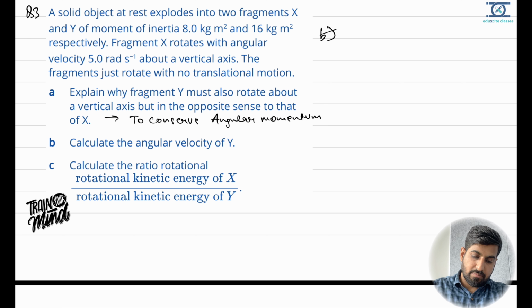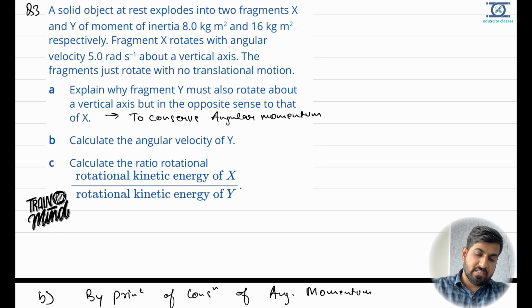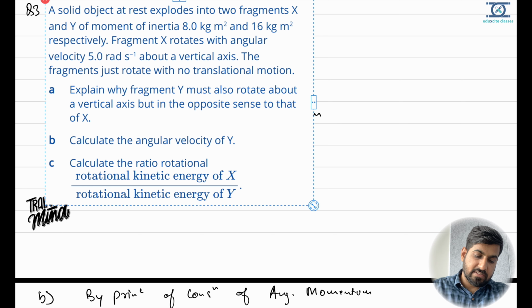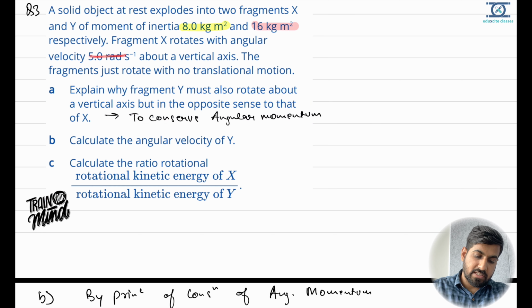Now if you read the question, they have already given the moment of inertia, this is for x and this is for y, and x has the angular velocity as 5 radian per second. This is for x. So the yellow highlighter is x, and we have to find out for y.